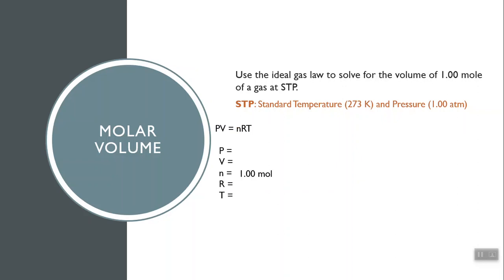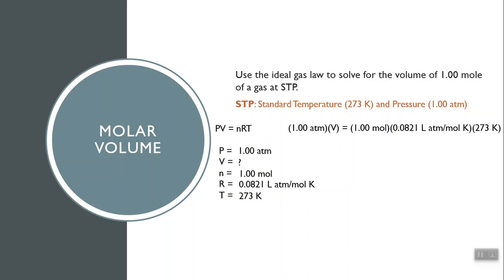When you define your variables, you have 1 mole for n, 273 Kelvin for temperature, and 1 atmosphere for pressure. Remember, the pressure unit will tell us the universal gas constant R. In this case pressure is in atmospheres, so we'll be using 0.0821, and volume is what we're solving for.